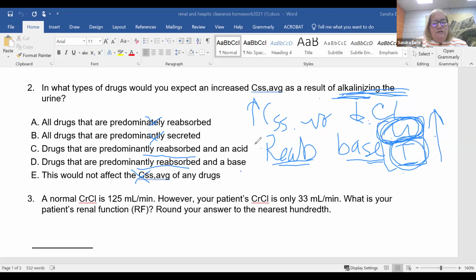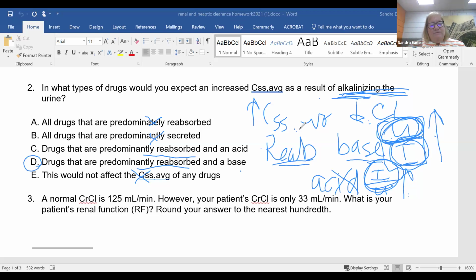If it were an acid, again thinking about Henderson-Hasselbalch, if we alkalinize the urine, we're going to favor the ionized form. The acids are going to stay in the urine and increase renal clearance, and if we increase renal clearance, we'll see a decrease in Css average. So that's the opposite of what we expect to see. So we're not going to have an acid. So the answer is this one here.